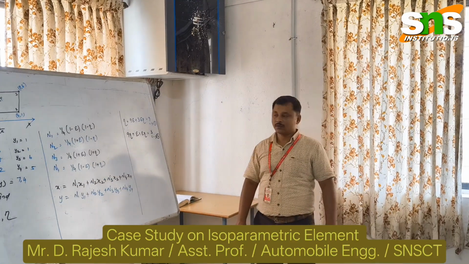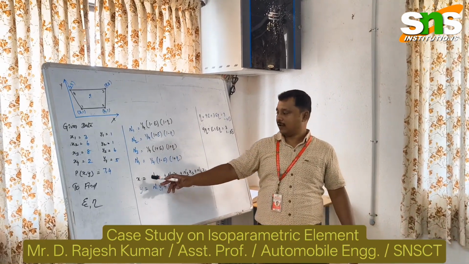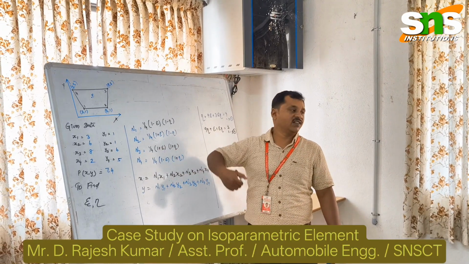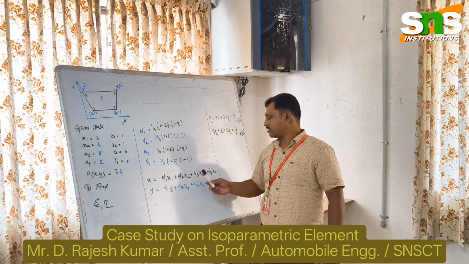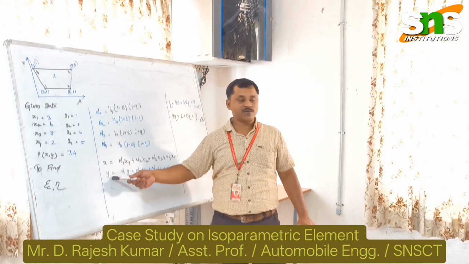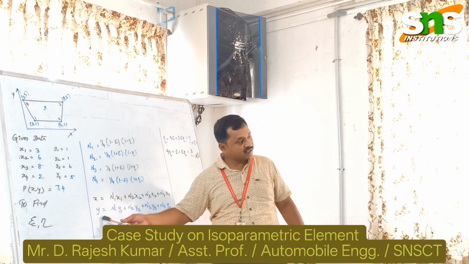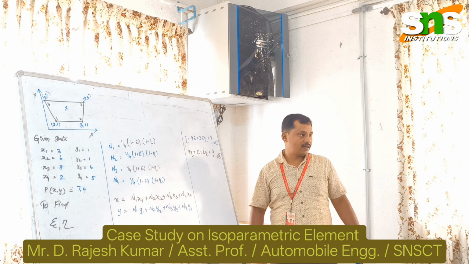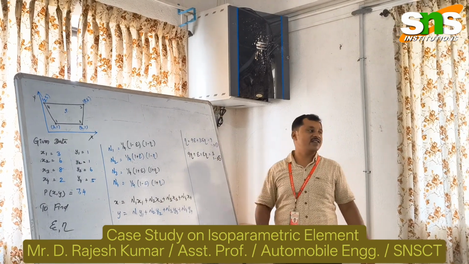If you substitute all the values of x1, x2, x3, x4, you will get an equation with respect to x. Similarly, if you substitute in the y equation, you will get another equation. Approximately these kinds of equations you will get.